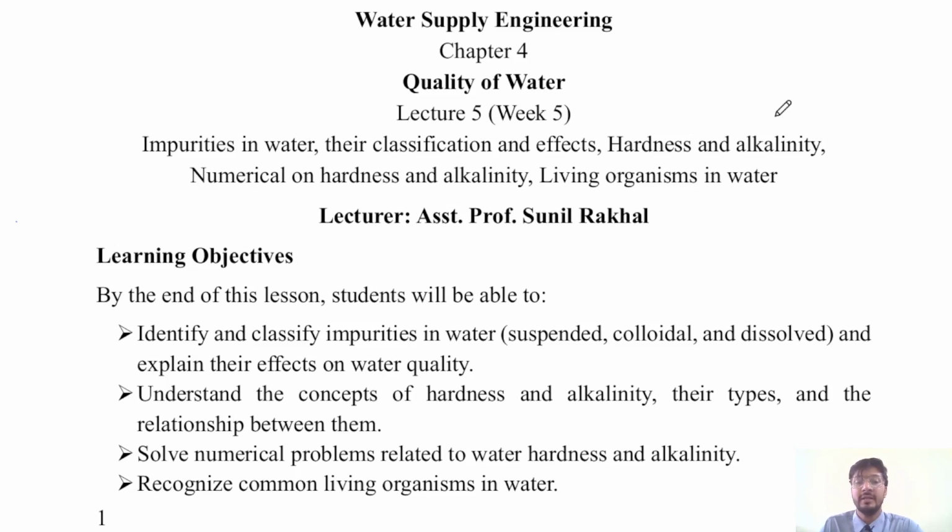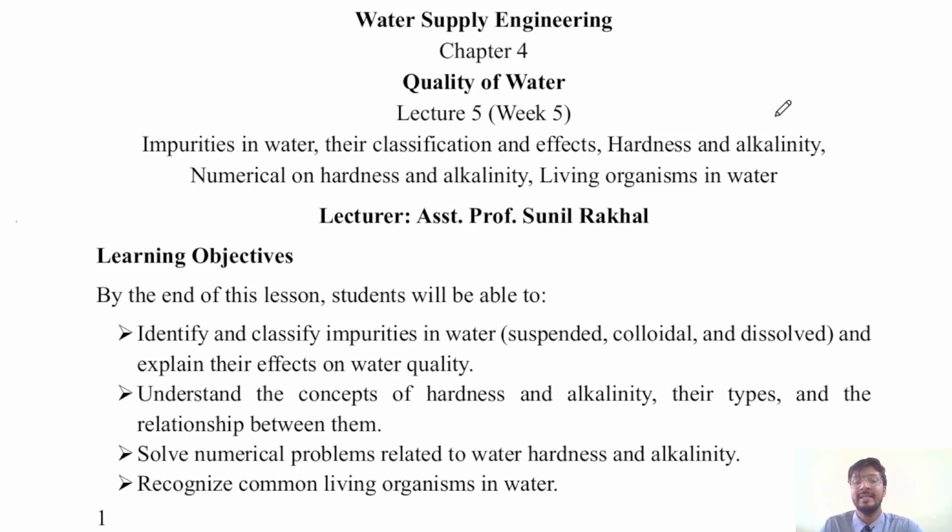Today, we are diving into lecture 5 of chapter 4, which focuses on 5 key areas: the different types of impurities found in water, suspended, colloidal, and dissolved, and how they affect water quality. Then we'll talk about two major water characteristics, hardness and alkalinity.